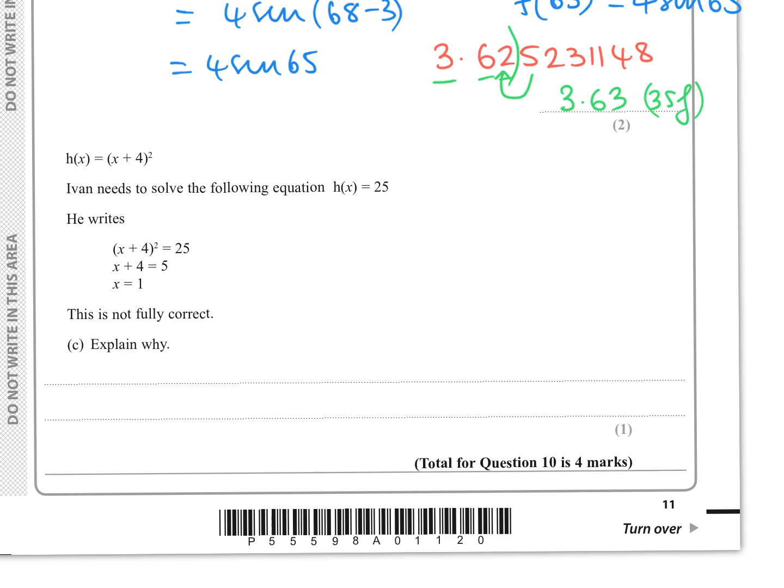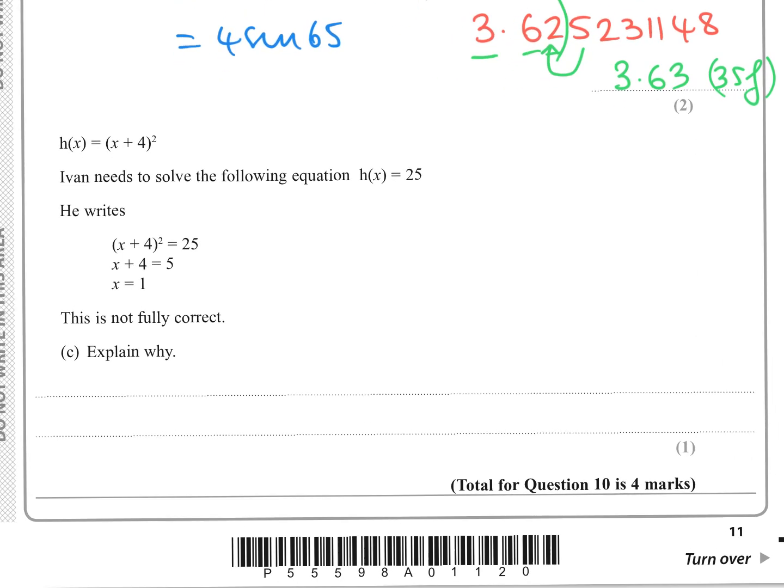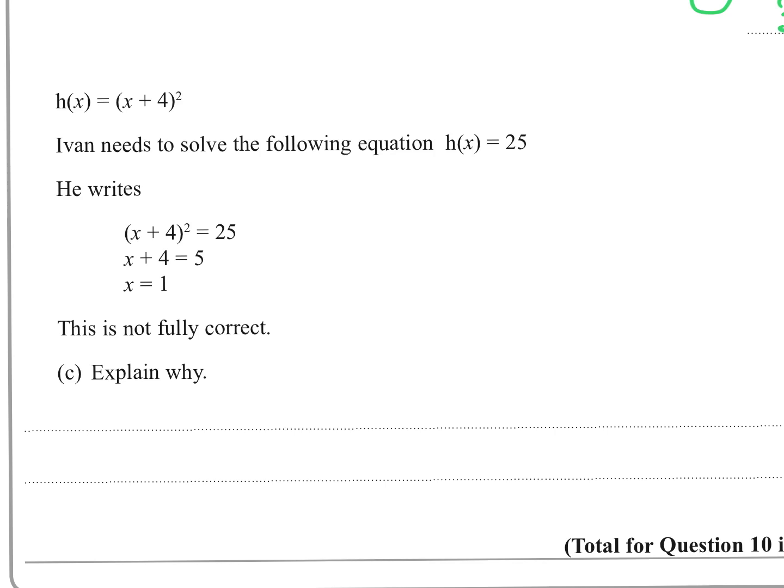Well, if you think about it, if you had to square root both sides, you would undo the square sign here, and you would get x plus 4. Let's just write that a bit neater, shall we? So what you'd have is, this is fine. You'd square root this, that's fine, but then wouldn't you have plus or minus 5? Because 5 times 5, yes, that's 25. But also negative 5 times negative 5, that's also 25. So I'm afraid he should have written his next step is x plus 4 is plus or minus 5.